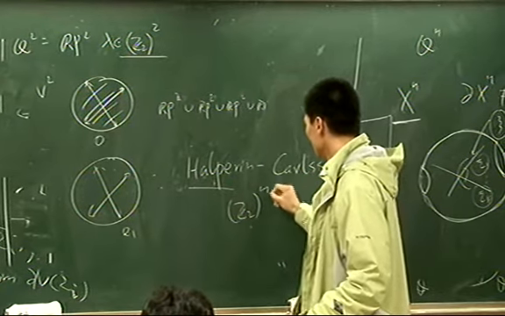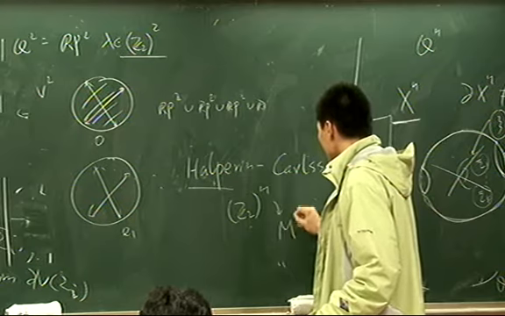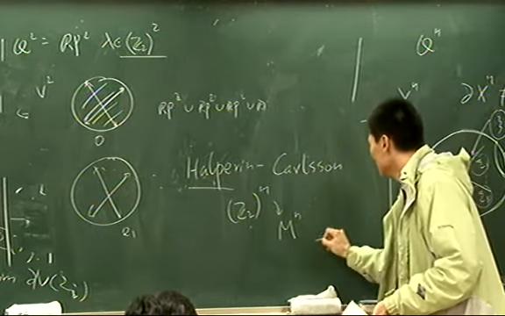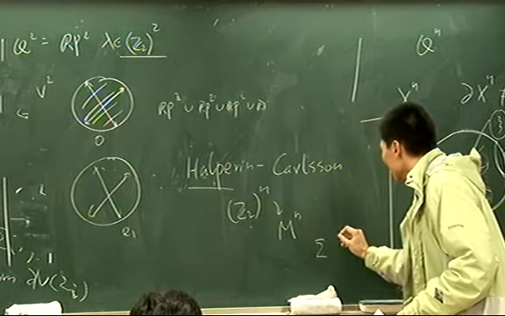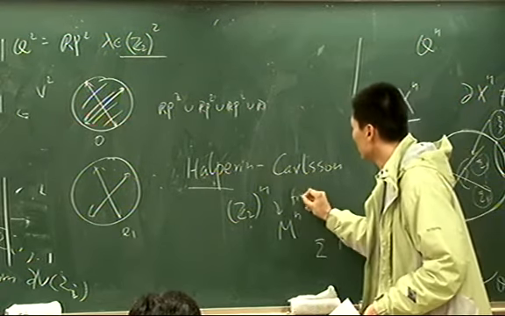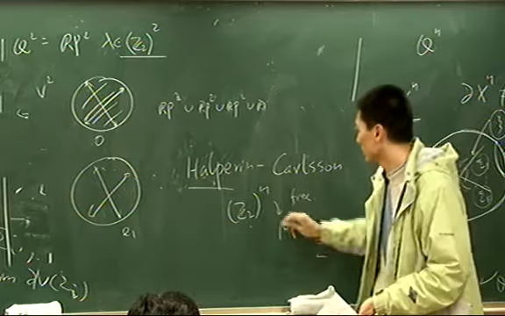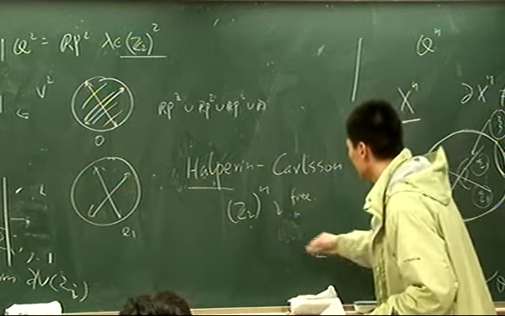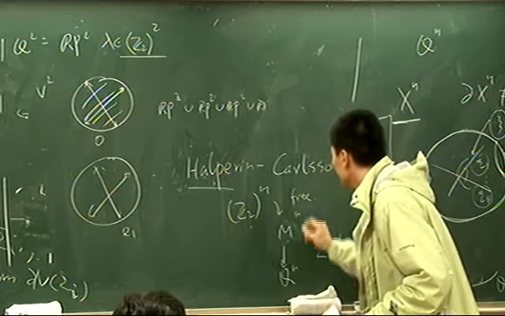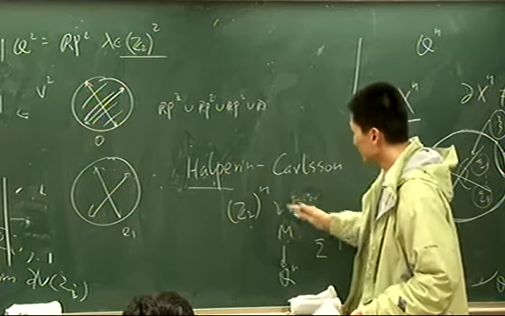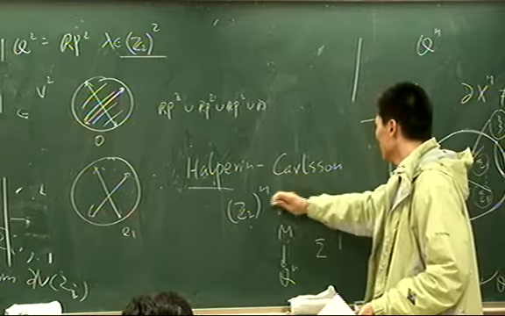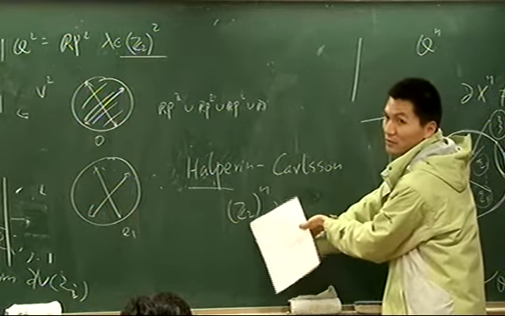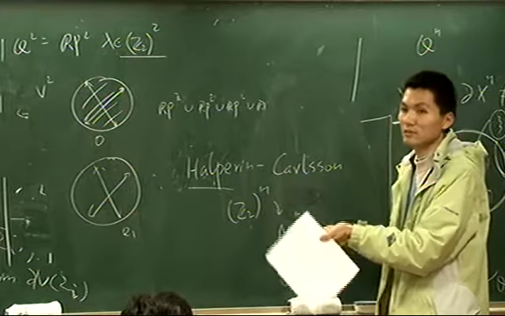It says that for any principal Z2^m bundle over Qn, or you can understand it as a free Z2^m action on a manifold, these two viewpoints are equivalent.